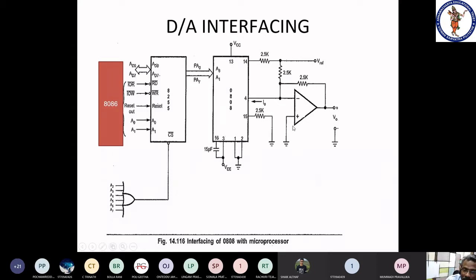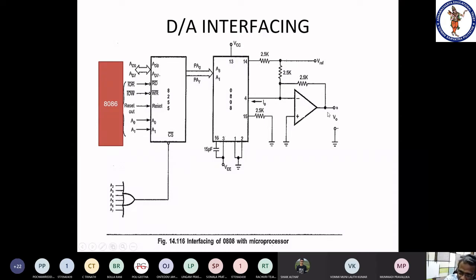The 0808 generates the output in the form of current, but to view the waveform on a display unit, it should be converted into voltage form.